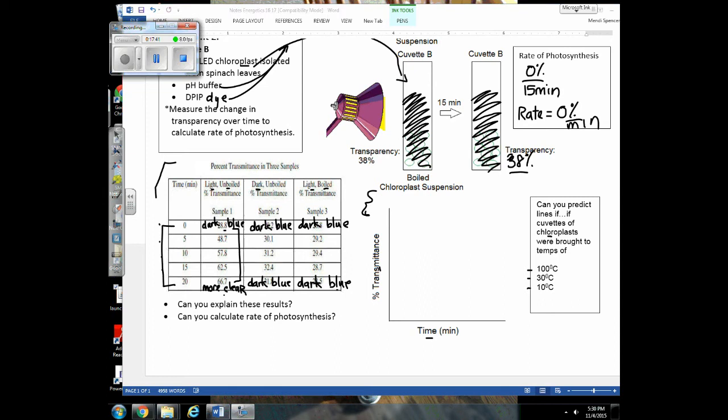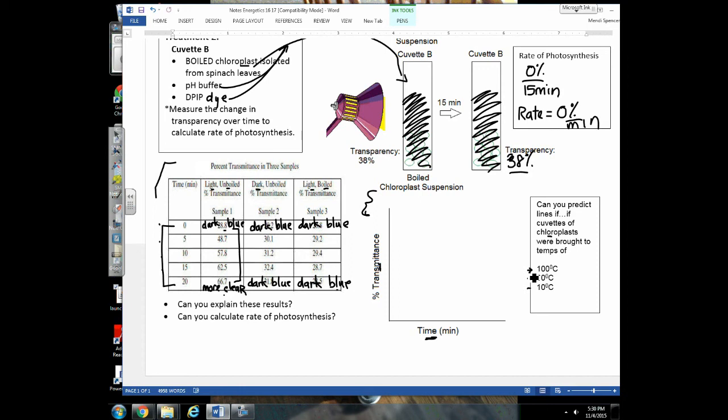Before I draw the lines, I just want to note that we have percent transmittance. We have a change in something and then over time. So technically, rate is shown by the slope of the line. So let's talk about the cuvette that was put in the 100 degrees Celsius environment. We know that photosynthesis isn't going to occur.